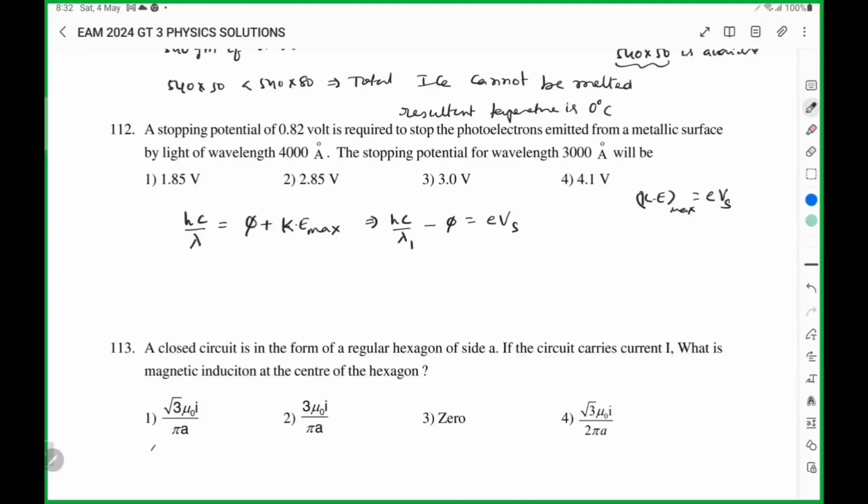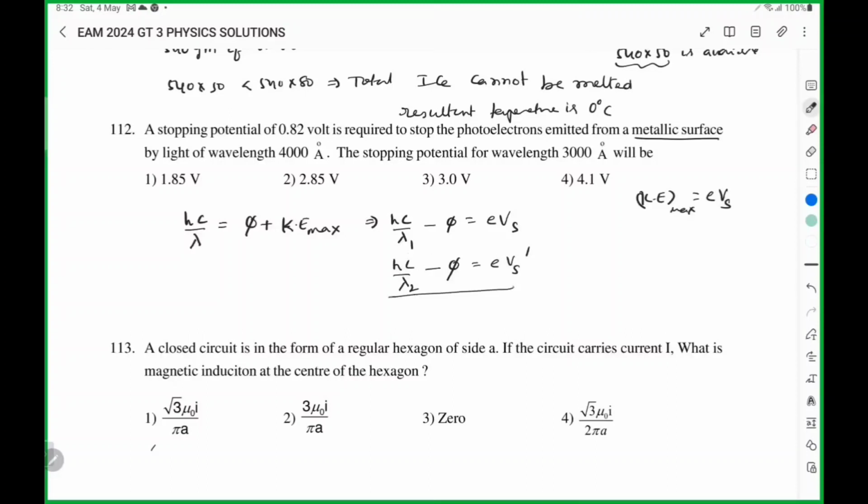For light, the metallic surface is not changing. Stopping potential changes means for a different wavelength, work function is same, stopping potential changes.